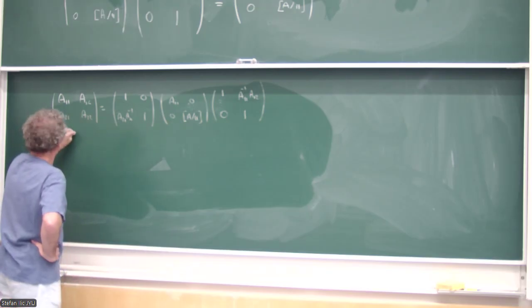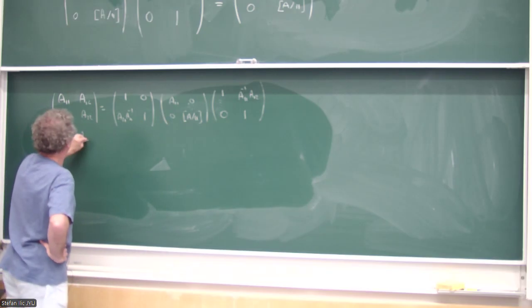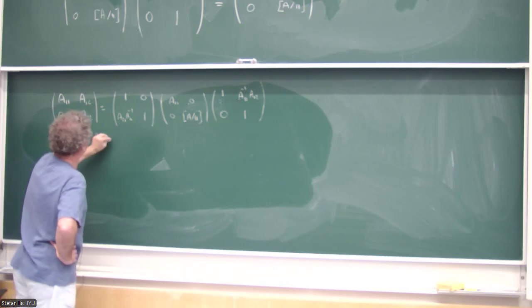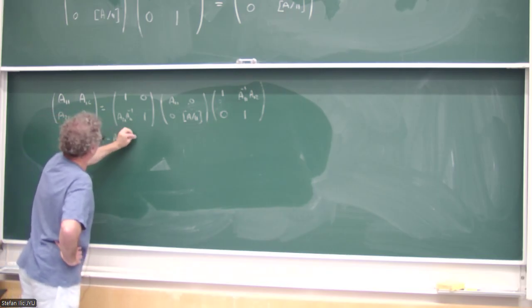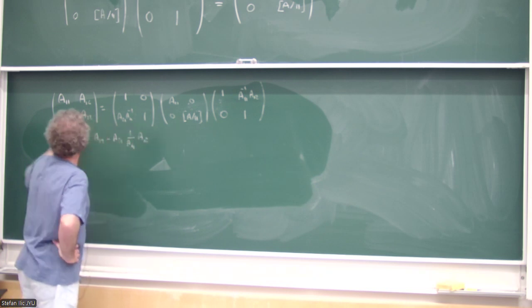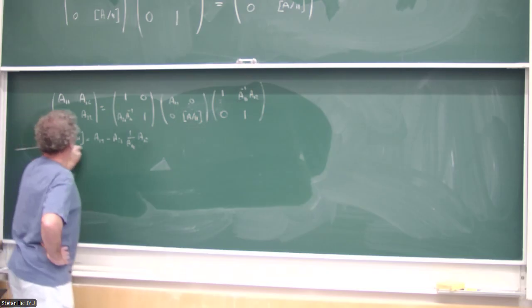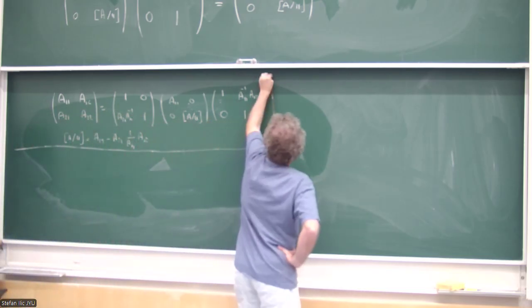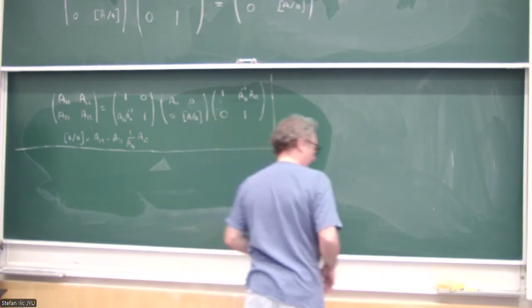The Schur complement is defined as A22 minus A21 times 1 over A11 times A12. Make sure I don't erase this for a while because I will need it.